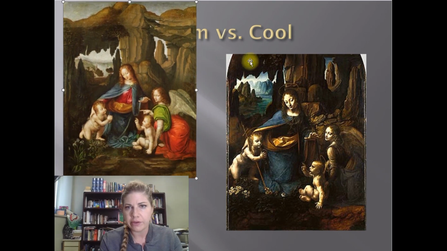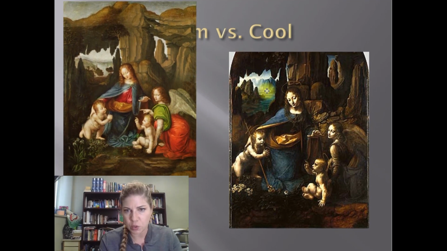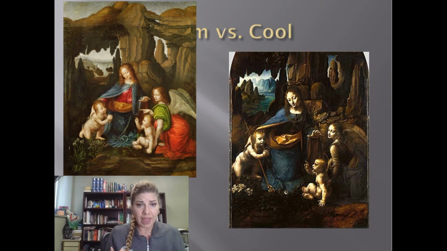There we go. Sorry, warm versus cool. All right, we have the two different Virgin of the Rocks. Da Vinci had to come clean with his commission that he had already been partially paid for, so he did a second version for the church 10, maybe 20 years later.